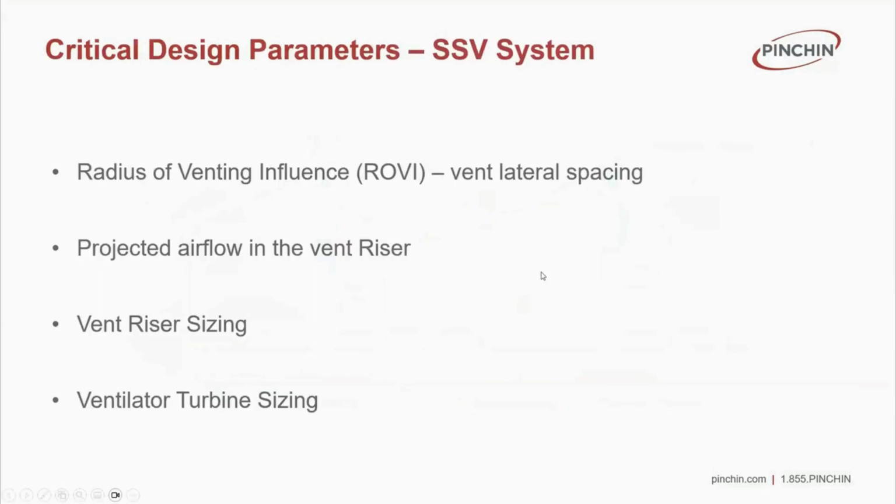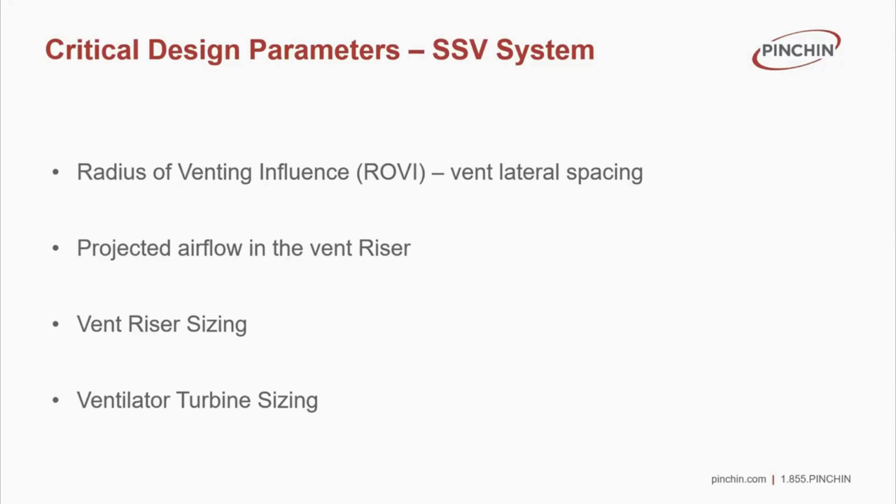Critical design parameters for a sub-slab ventilation system consist of radius of venting influence. That is how far apart we need to be placing the vent laterals for effective venting of the entire space that is between the two vent laterals. And then projected airflow in the vent riser, how much of the vented air we expect to go through the vent riser, and then vent riser sizing, how big the vent riser needs to be, and ventilator turbine sizing.